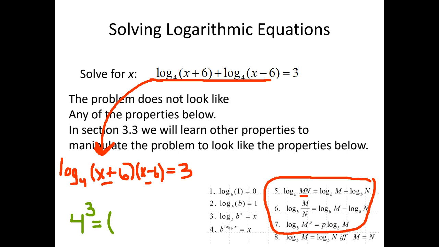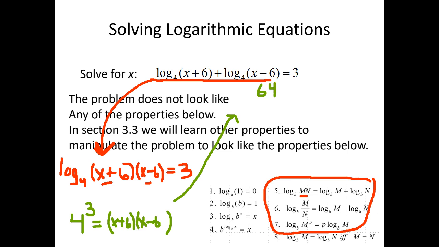Okay, so I have x plus 6. And I have x minus 6. Okay, so now it just becomes a problem that we can solve. So 4 times 4 times 4 is going to be what? I'm going to come back up here where I have some space. So I'm going to have 4 times 4 times 4 is 64.